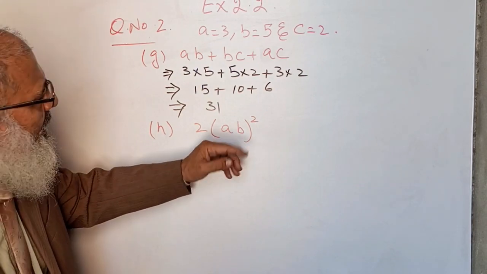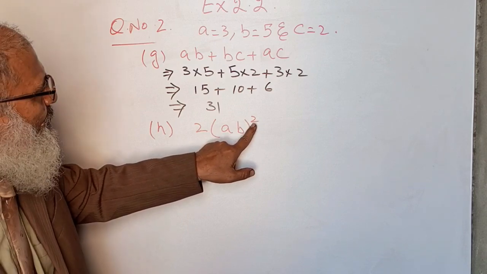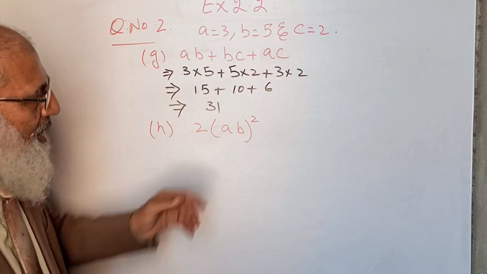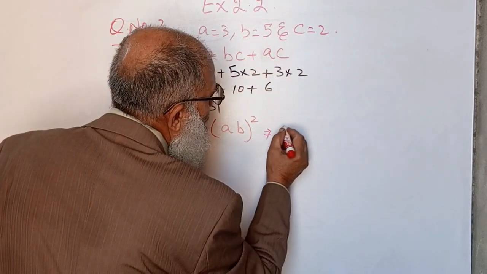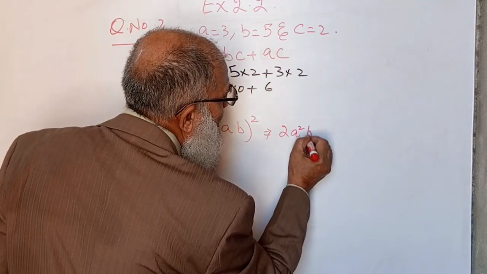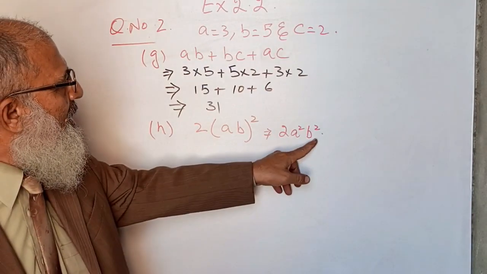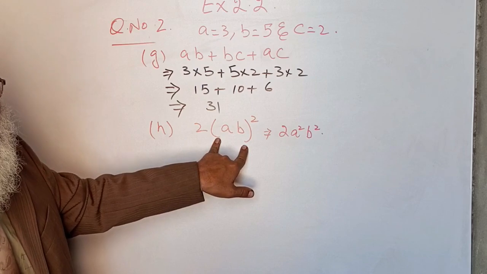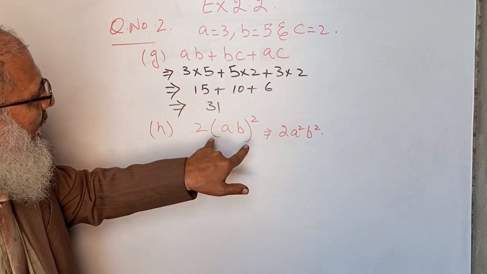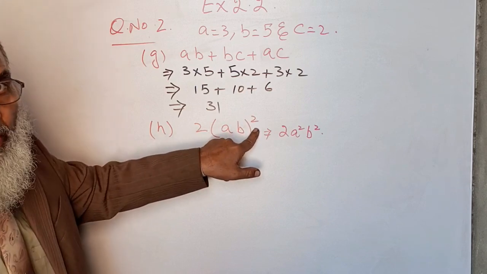It does mean that this square stands for both A and B. Now it means 2A square B square, because AB is enclosed in bracket and this square is above this bracket.